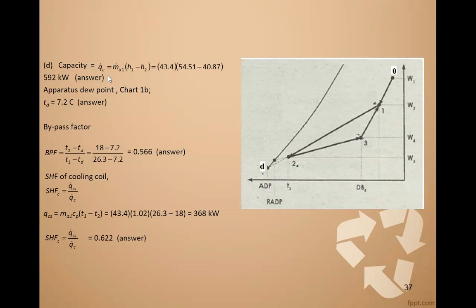Q sub C is equal to MA1 times (H1 minus H2), or 43.4 times (54.51 minus 40.87). And the answer is 598 kilowatt.